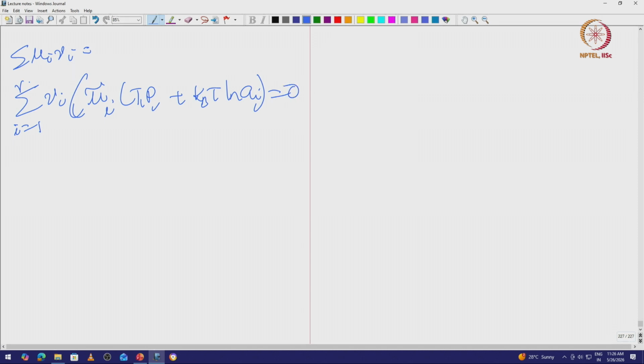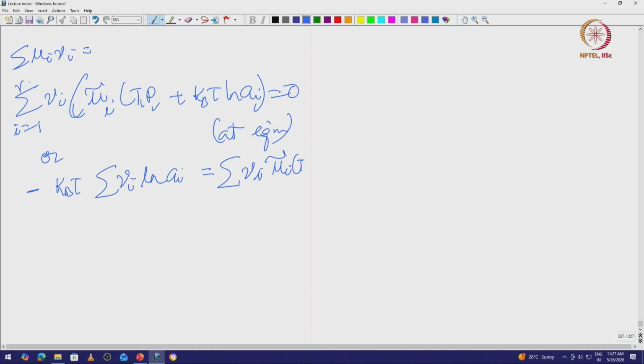So, and that is equal to 0 at equilibrium. Again we are at equilibrium. Okay. Or in other words, I am going to say that minus kBT sigma nu I ln AI, right, I can rewrite it like this, is equal to sigma nu I mu I tilde.